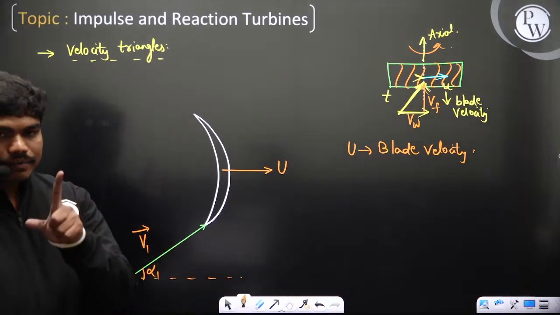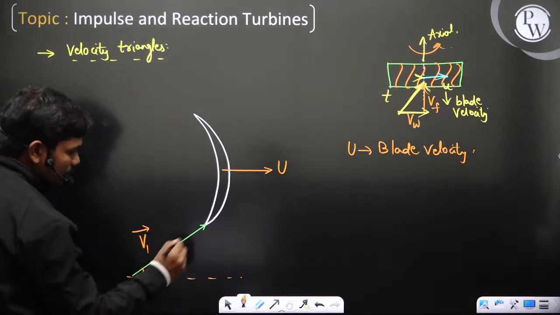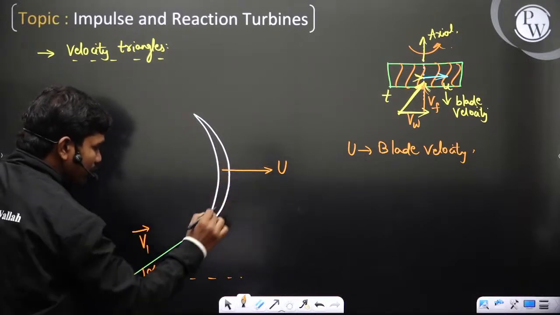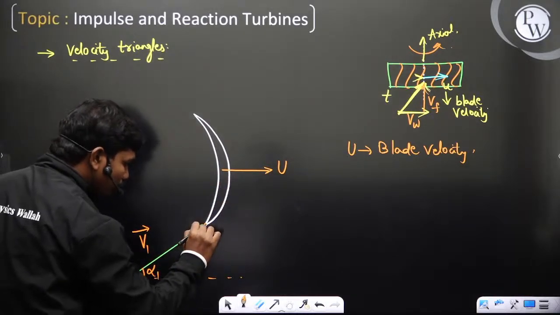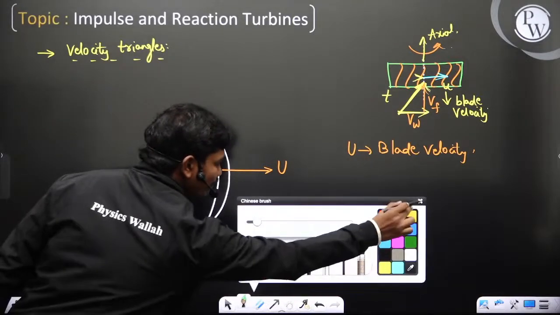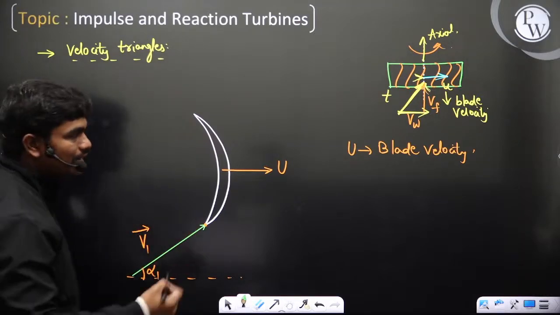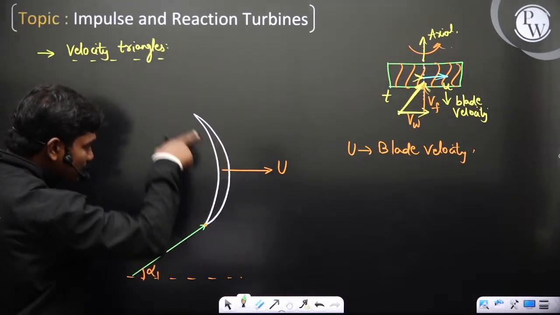Tell me one thing: if this fluid jet is coming at velocity v1 and this blade is also moving in this direction, this edge will keep moving. So v1 at an angle of alpha 1 will not clearly enter the blade.